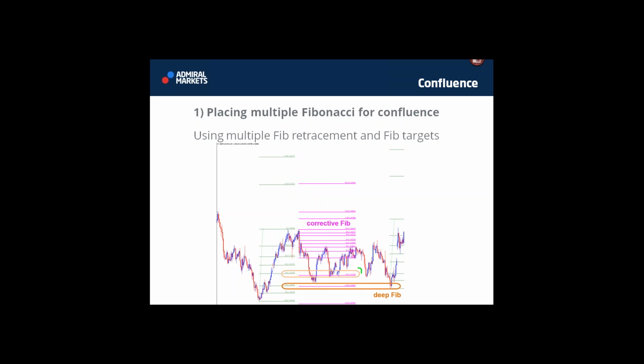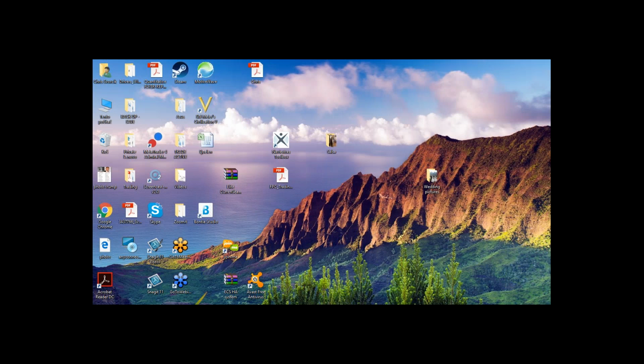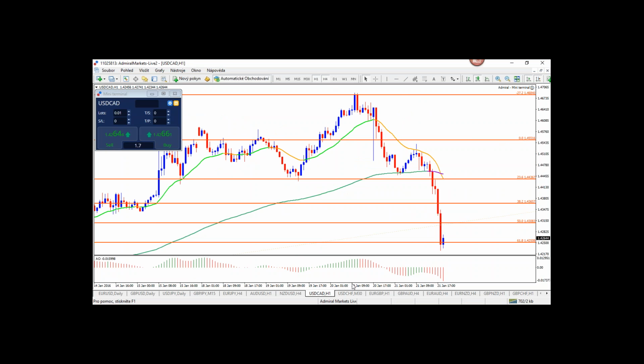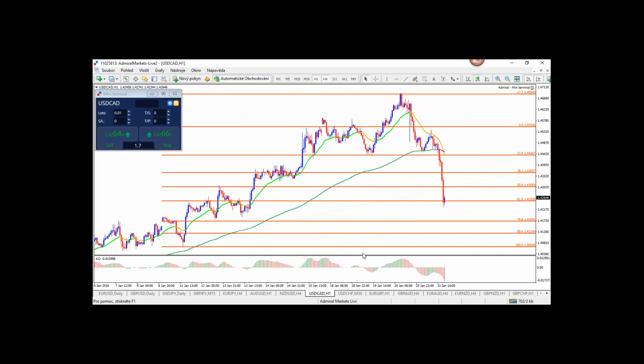So often enough, these minus targets will line up pretty accurately with the retracement fibs, and these are great levels for continuations. Actually, this week we had a good one, I think, on the dollar CAD before it started to crash. There was one more potential buy that we talked about on Wednesday, I think it was, where I said, okay, I put a fib on this move.